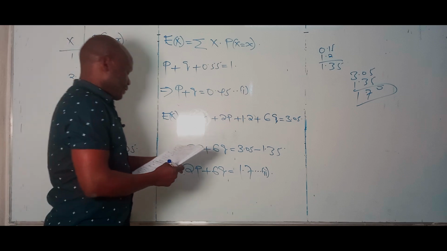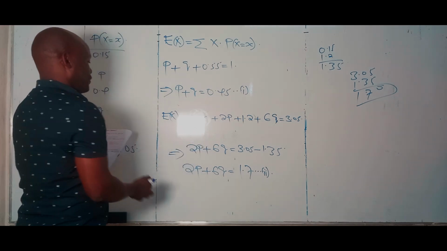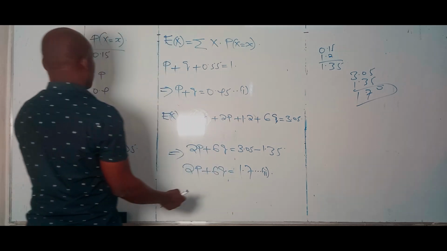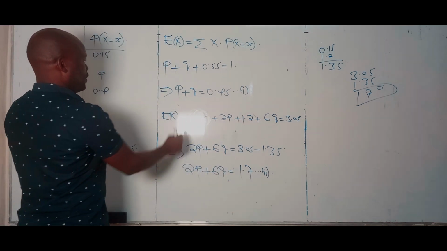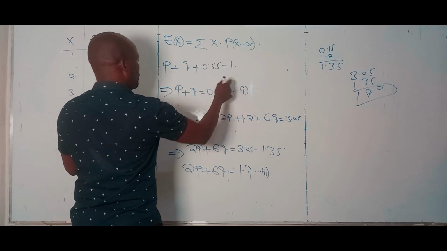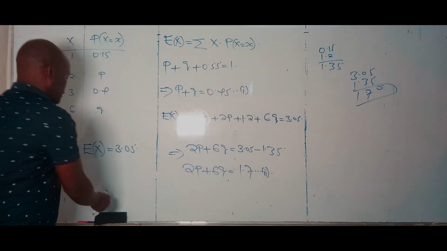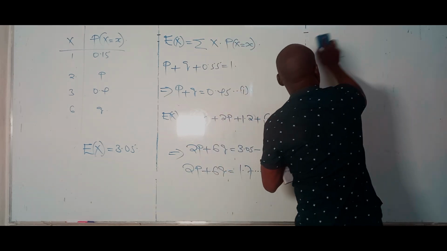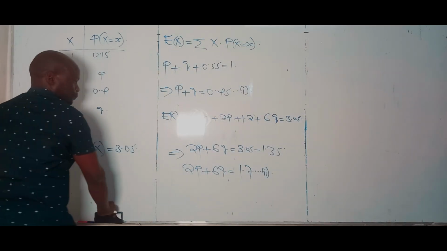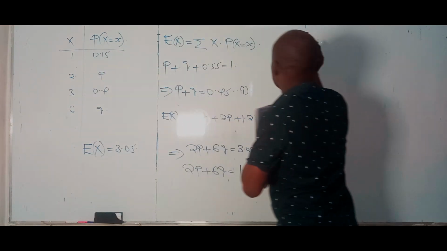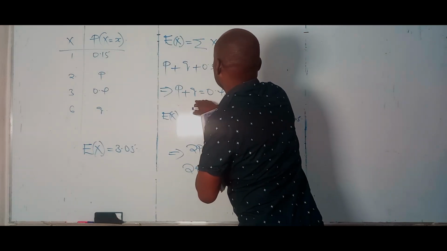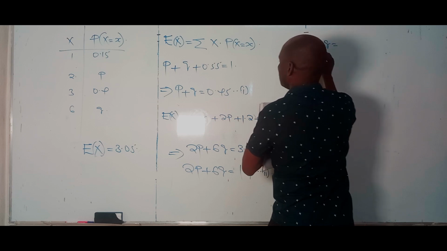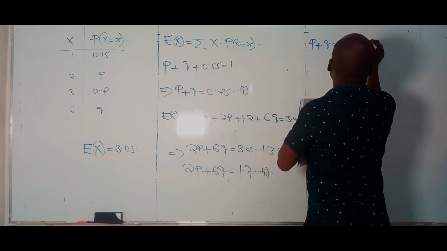So I have two equations. One is 2p plus 6q is 1.7. The other one is p plus q is 0.45. So let's solve simultaneously and see what we get. p plus q is equal to 0.45.